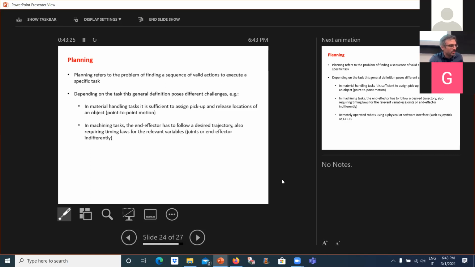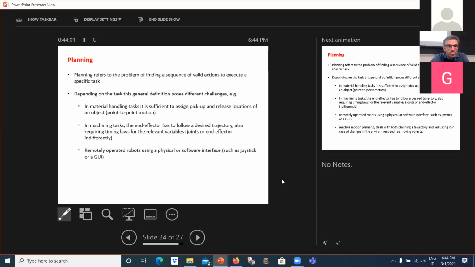But in case of machining, where you need to drill a hole or follow a surface to remove excess material, then you need to define at every instant a reference point to track. This planning could be done either at the joint level or at the end effector level. So we can define the same motion by defining a reference trajectory for the joints or for the end effector.